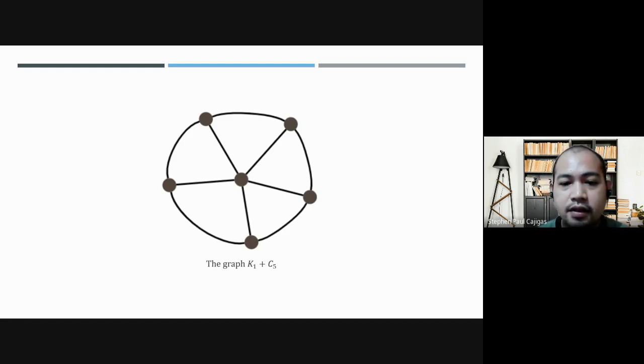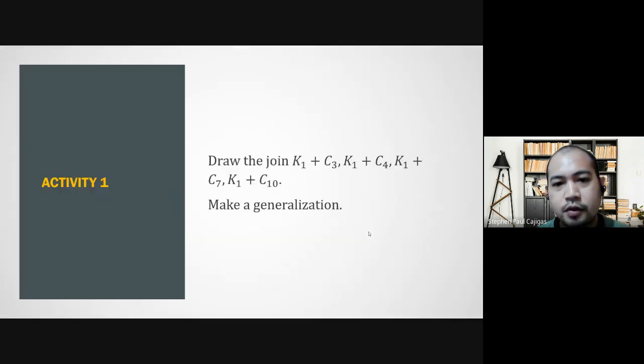Next, I will let you do some drawings. Wherever you are, I need you to draw the join of K1 plus C3. Next, K1 plus C4, K1 plus C7, K1 plus C10.